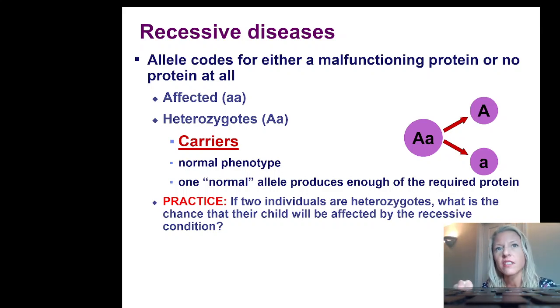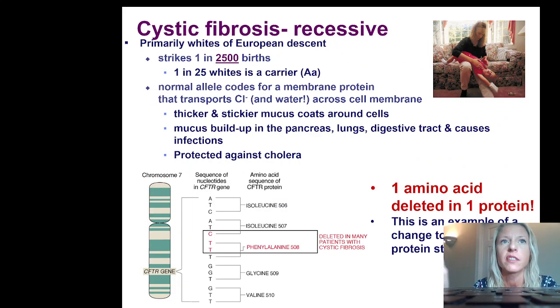So recessive diseases are where we have alleles coding for either a malfunctioning protein or no protein at all. And so the affected individuals are homozygous recessive, and heterozygotes are carriers. So they have one normal allele that produces enough of the required protein that they normally don't end up with the severe effects of the disease. An example here is cystic fibrosis.